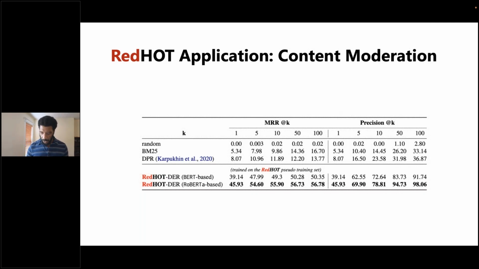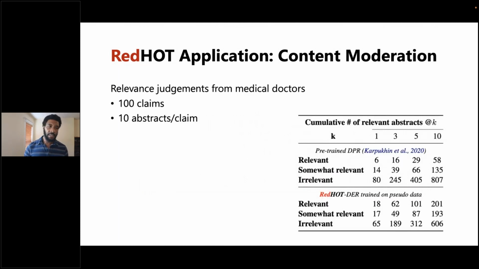And so to better measure the ability of this model to retrieve relevant information, we enlisted medical doctors and we requested relevance judgments for 100 claims and 10 abstracts per claim, retrieved with our proposed model, RedHOT DR, and a pre-trained dense passage retrieval model that is publicly available.